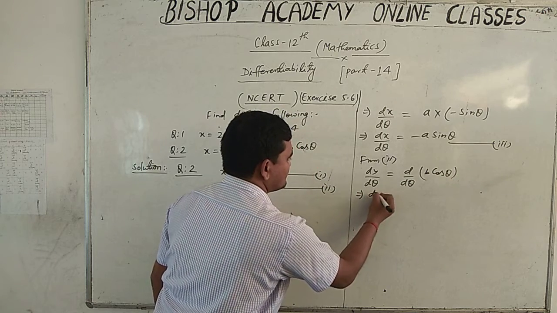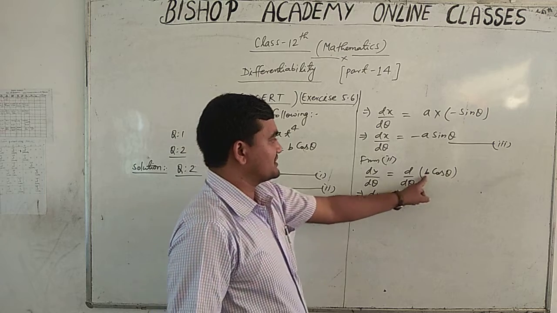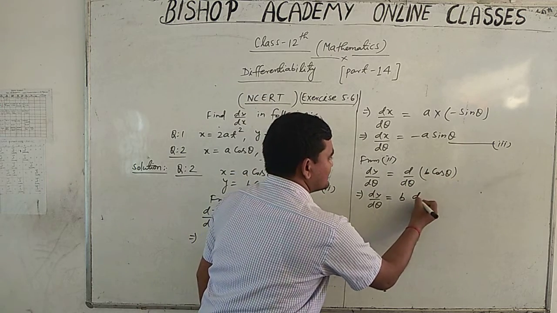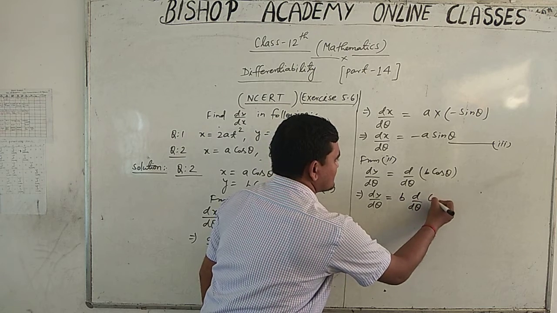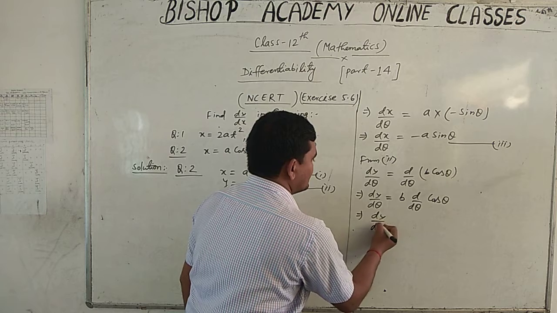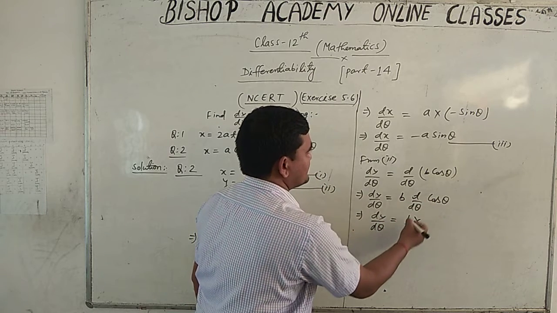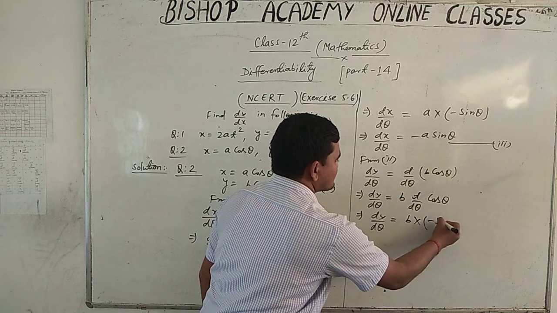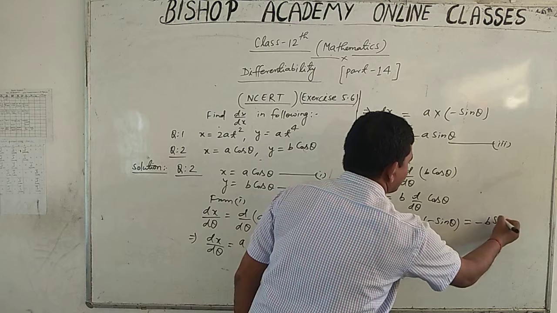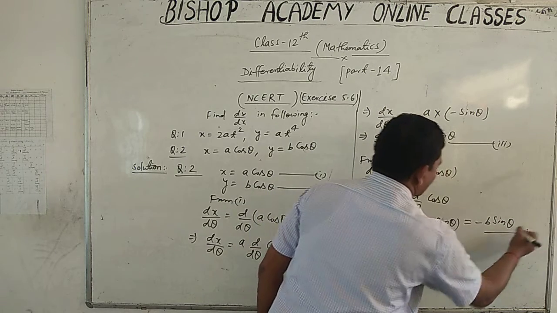This implies that dy by d theta equal to b times the derivative of cos theta, which is minus sin theta. This equal to minus b sin theta. This is equation number 4.